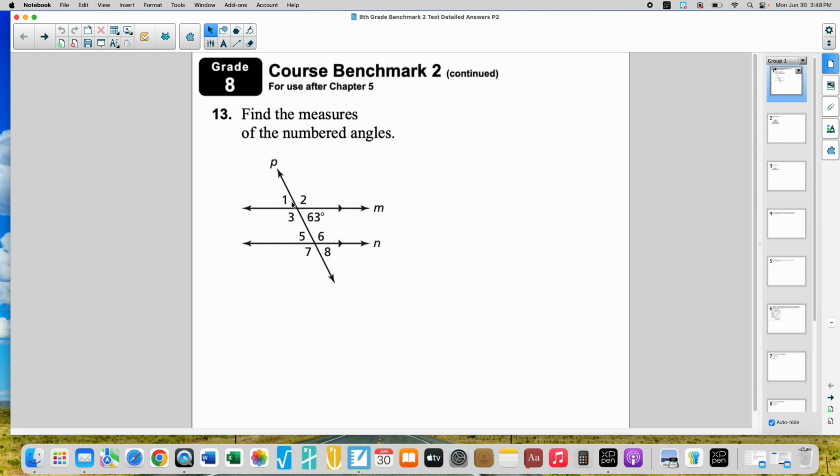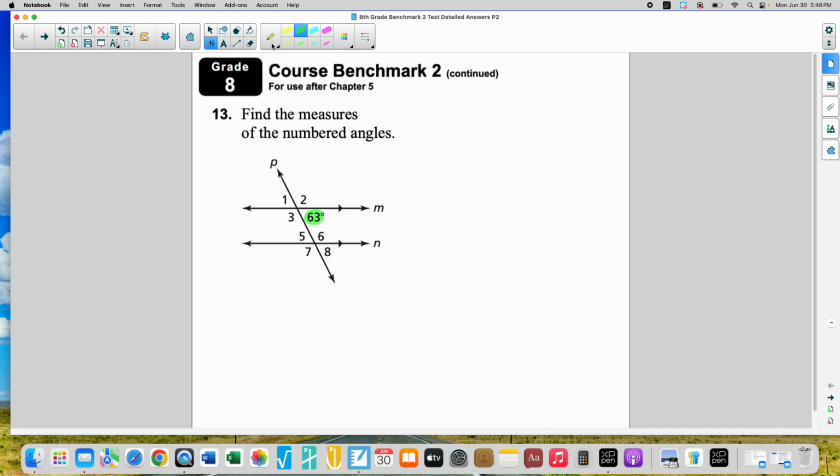When we want to see relationships, for example angle 1, we're given the measure of this angle, which is 63. So what do we know about the other angles based upon that? Well, angle 1 is also 63 degrees because it is a vertical angle.